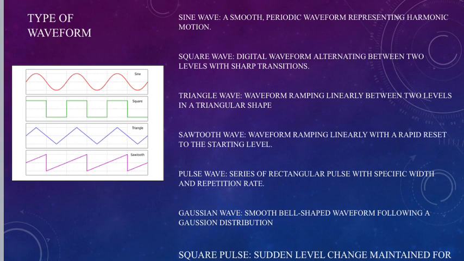Sawtooth wave, waveform ramping linearly with a rapid reset to the starting level. Pulse wave, series of rectangular pulses with specific width and repetition rate. Gaussian wave, smooth bell-shaped waveform following a Gaussian distribution.